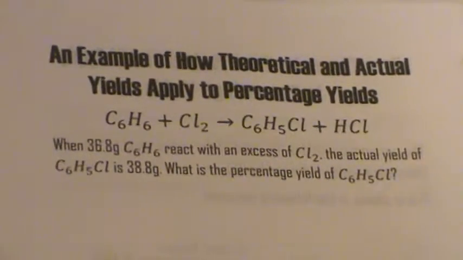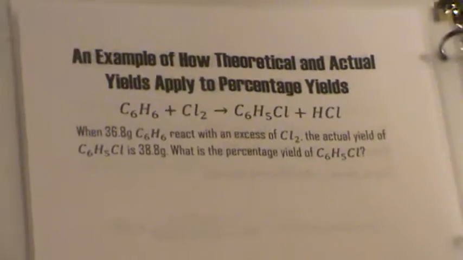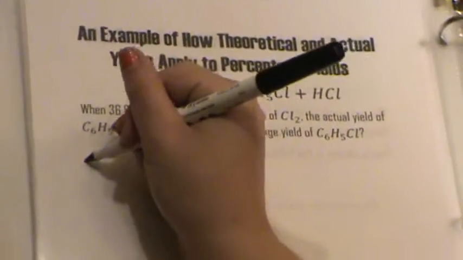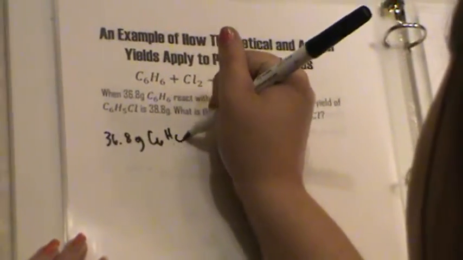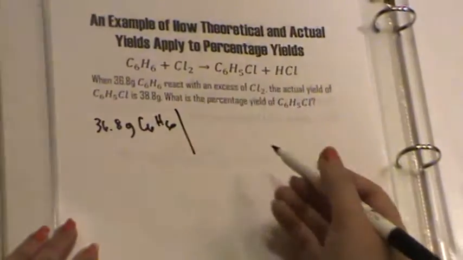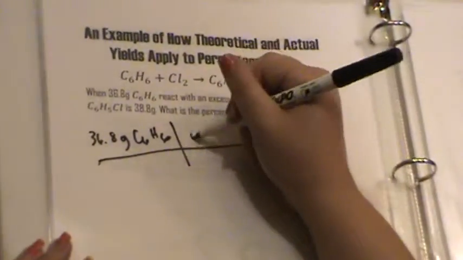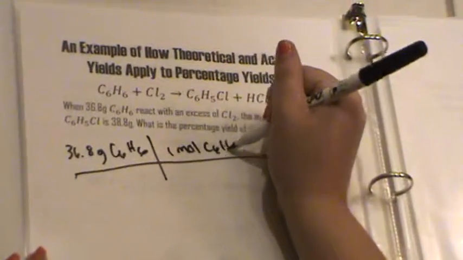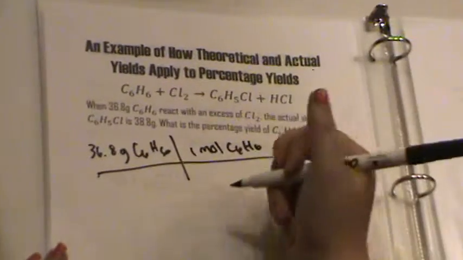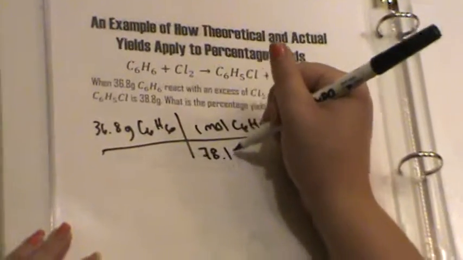An example of how theoretical and actual yields apply to percentage yields. So in this case, you have 36.8 grams of glucose, or not glucose. And you have to convert this into moles, so it's 1 mole over the molar mass.